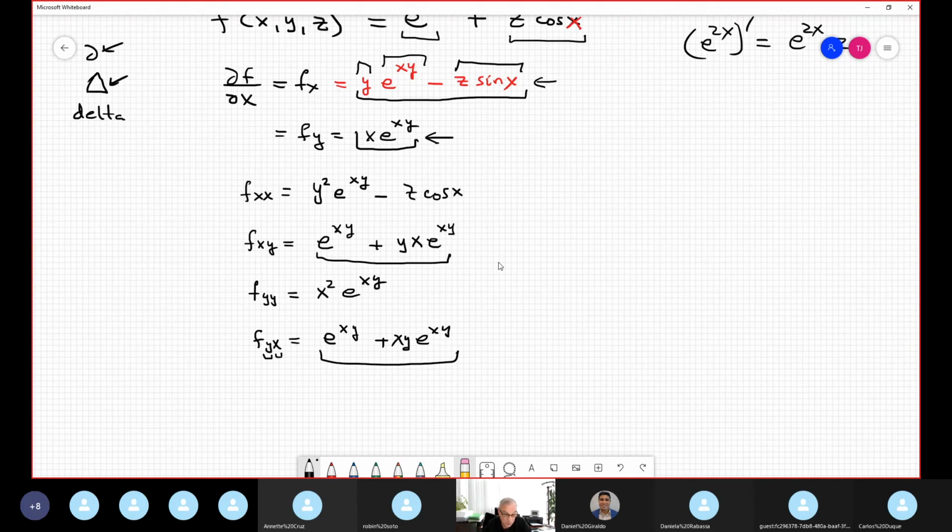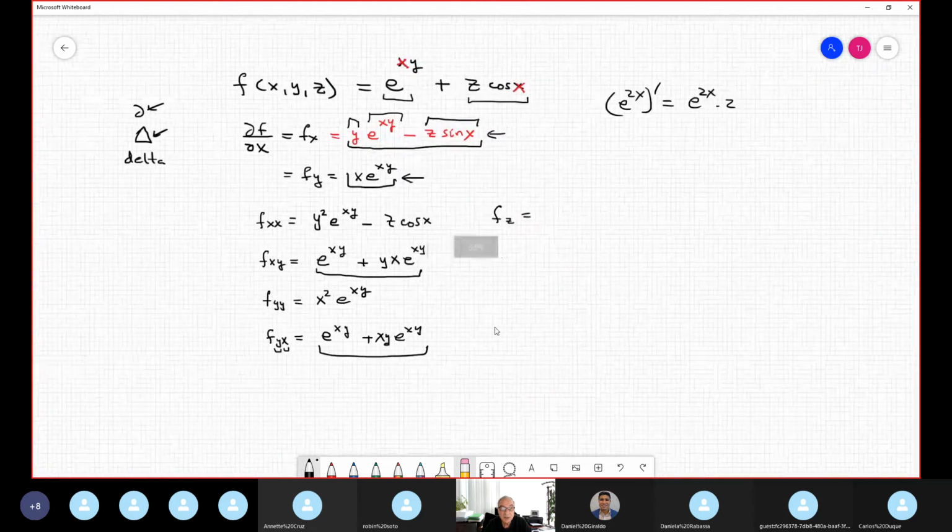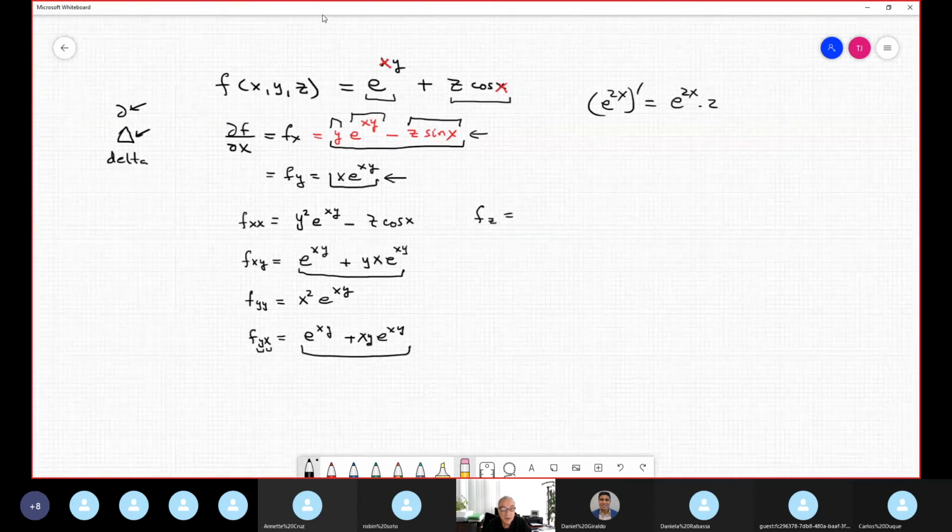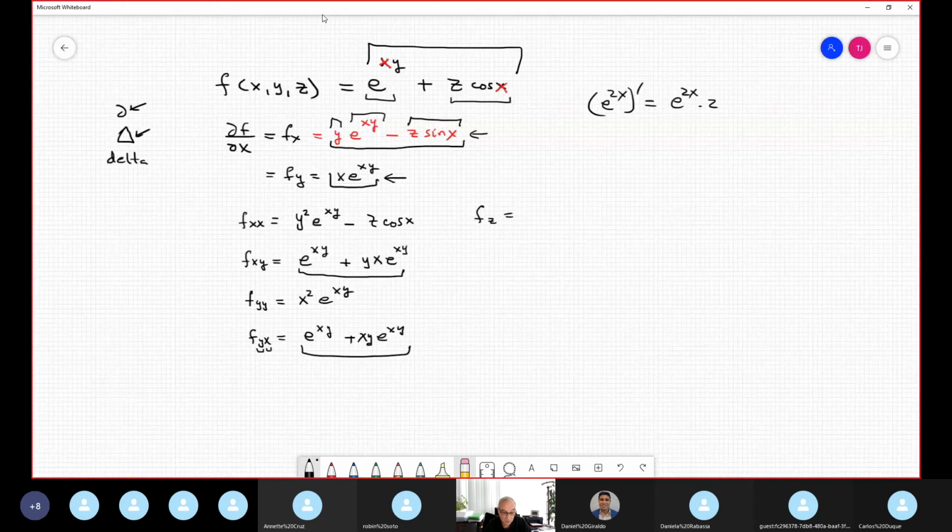Okay. Suppose I want to compute the derivative of the function in that order, first with respect to z. Okay, I forgot. With respect to z is okay. We come back to the beginning to reach an expression, no?